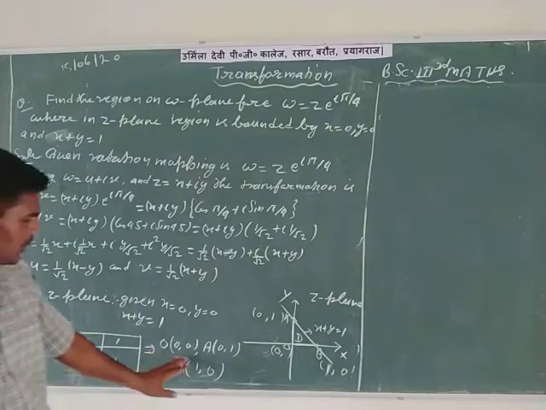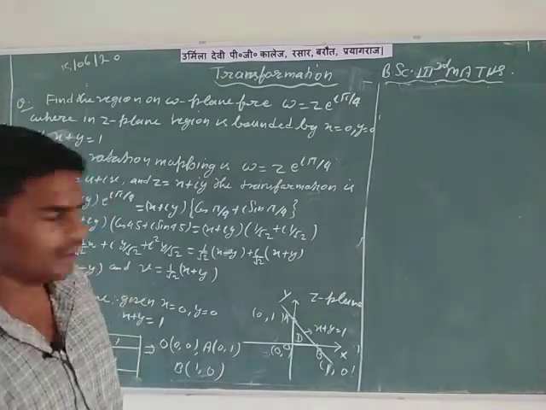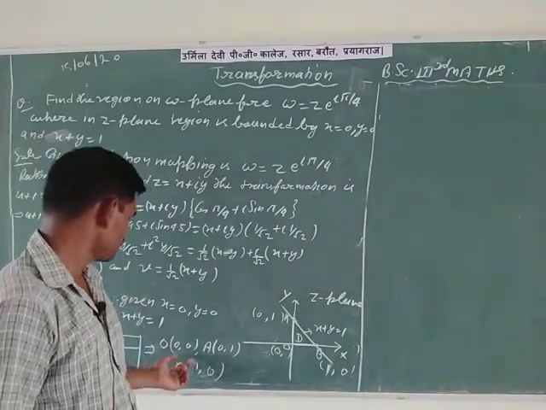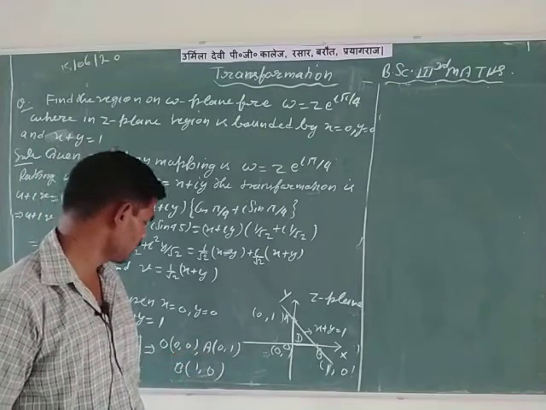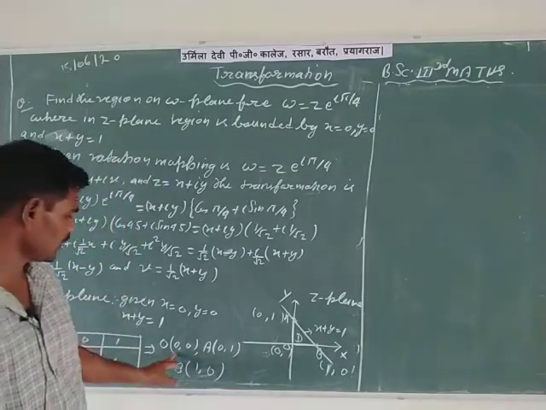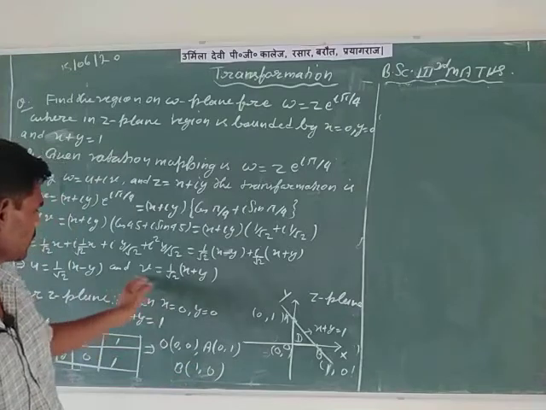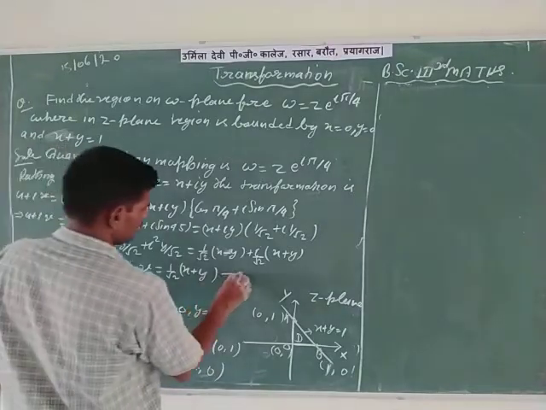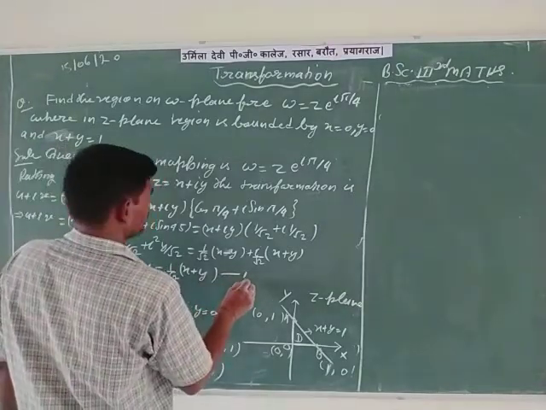Corresponding to these 3 points, you calculate 3 points on the W plane. Putting the value of x and y in this equation, suppose that it is represented by equation first.